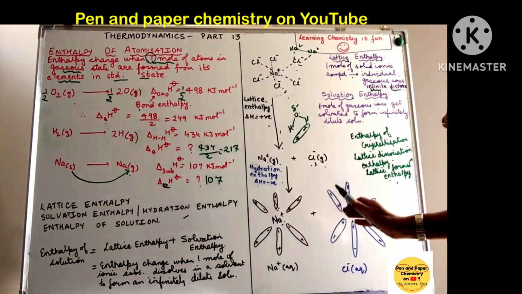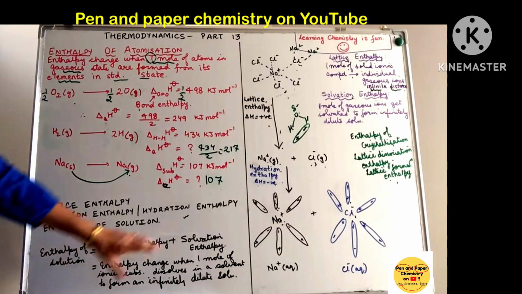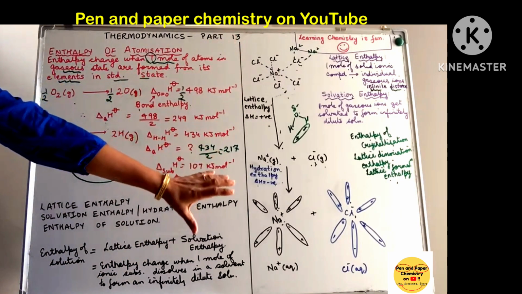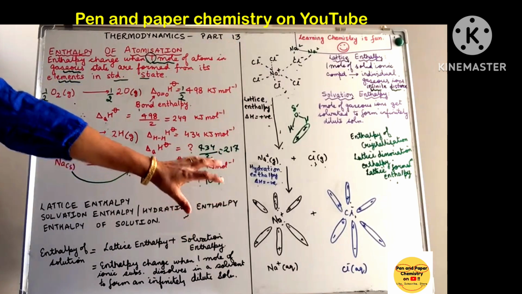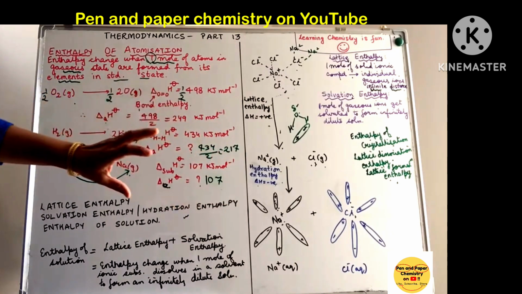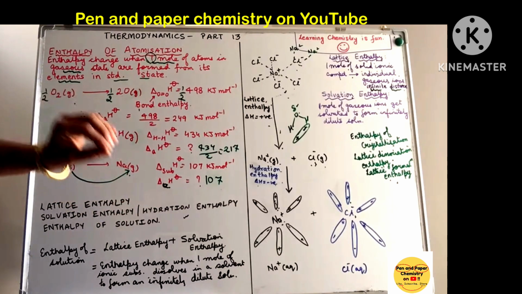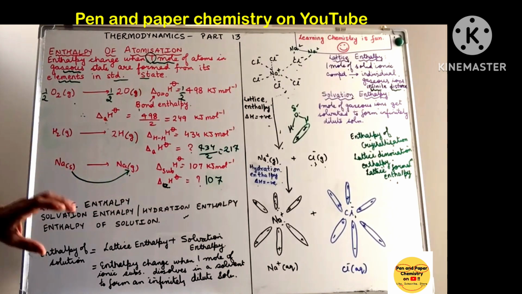Enthalpy of solution. That's the next definition. The whole process results in the formation of solvated ions of sodium and chloride. Basically, sodium chloride has got dissolved in water and we wait till the enthalpy stabilizes.